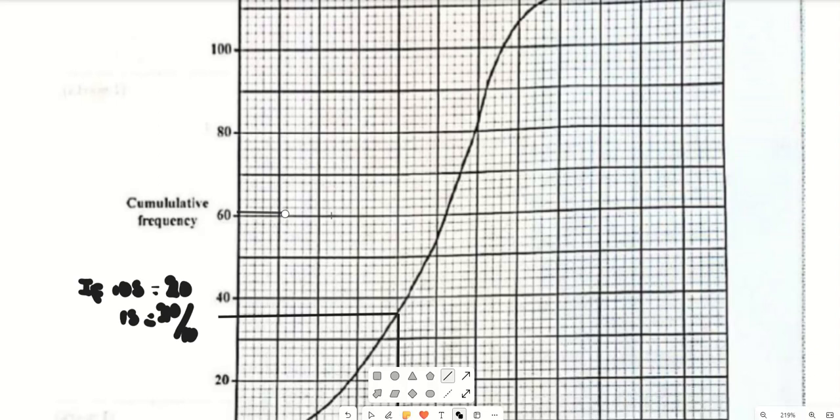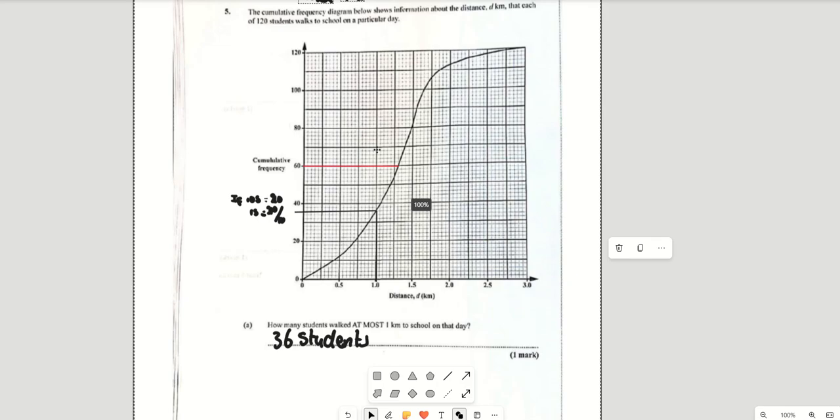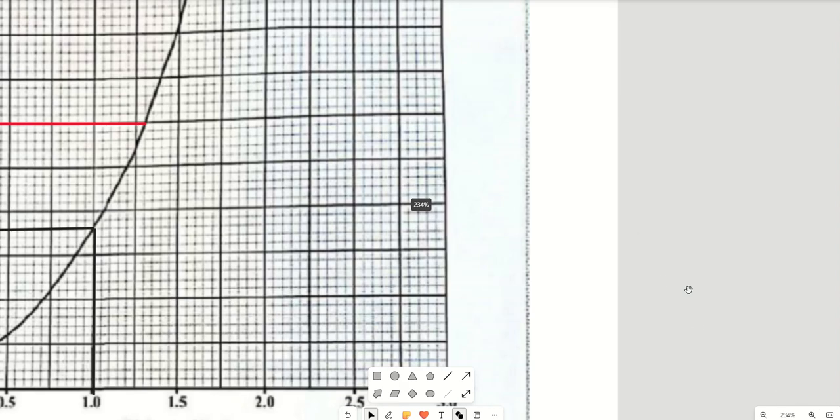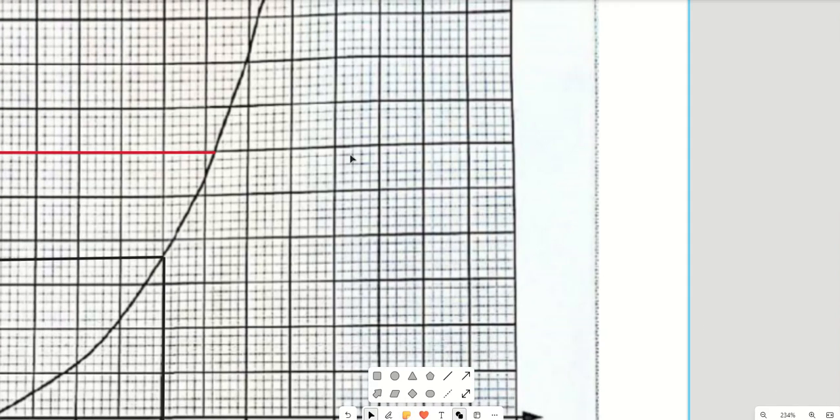Right, you're going to go straight across with your line. Let's put it red. Right, and then you're going to draw a line going straight down.